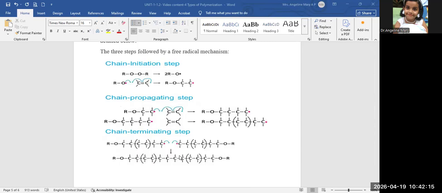Condensation polymerization involves the elimination of small molecules like water when two monomers are added to give the polymer, with a byproduct occurring in the reaction. So in this video, we have seen three polymerization reactions: step growth, chain growth, and condensation polymerization. Thank you all. We'll meet in the next video.